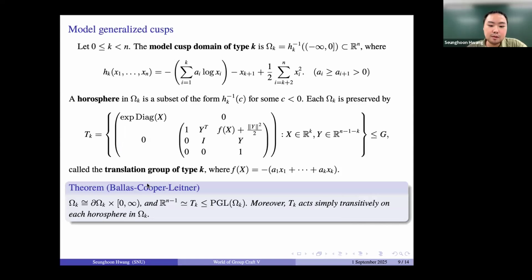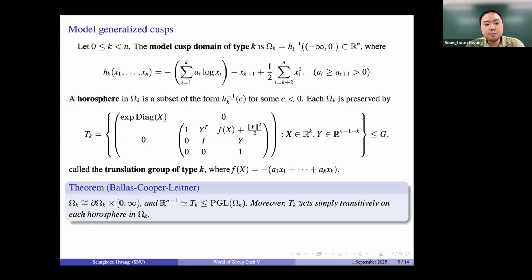And what Ballas, Cooper, and Leitner found out is that this domain has a product structure, and this group is isomorphic as Lie groups to R^(n-1), and it is a subgroup of PGL preserving Omega_k. Moreover, T_k acts simply transitively on each horosphere in Omega_k.